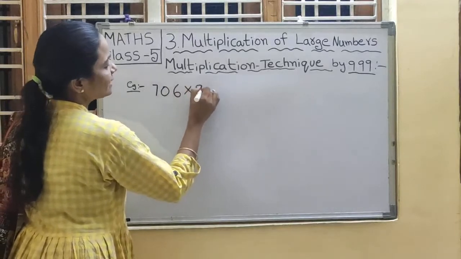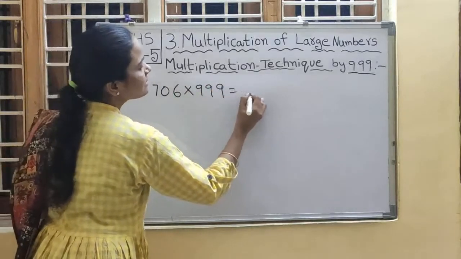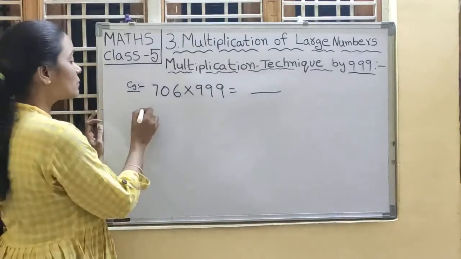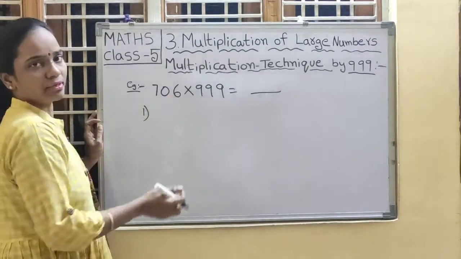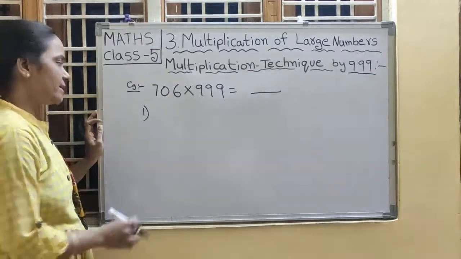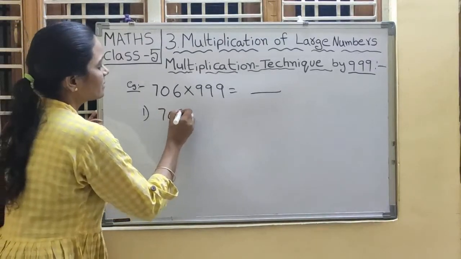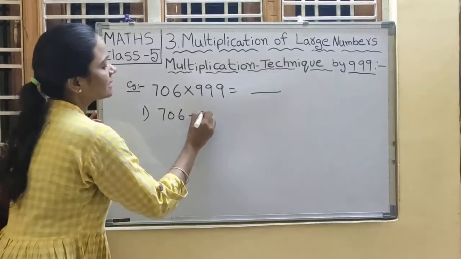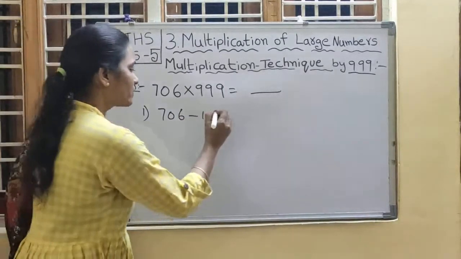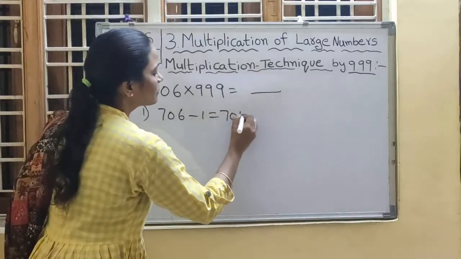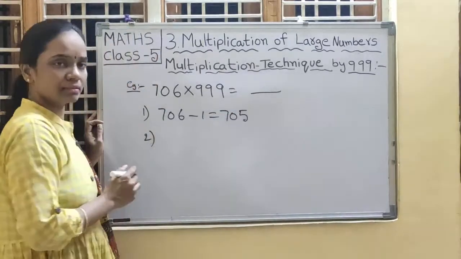Next, 706 into 999. What is the answer? First step, what do we have to do? We have to subtract 1 from the second number. 706 minus 1, how much, children? Very good, 705. So what is the second step, tell me?